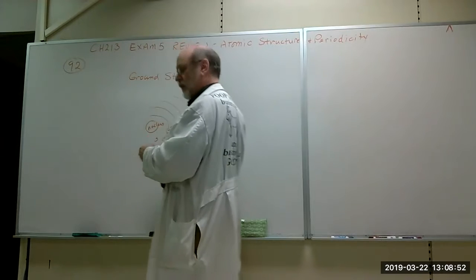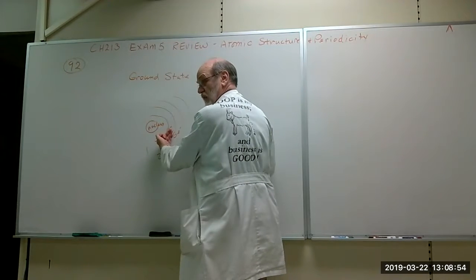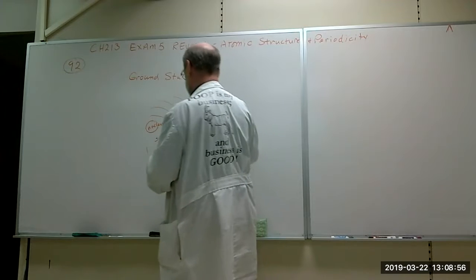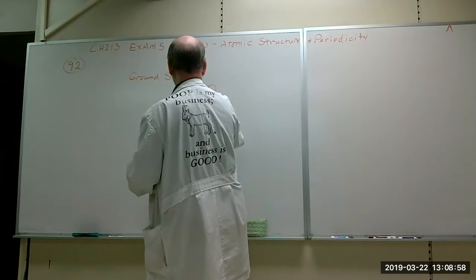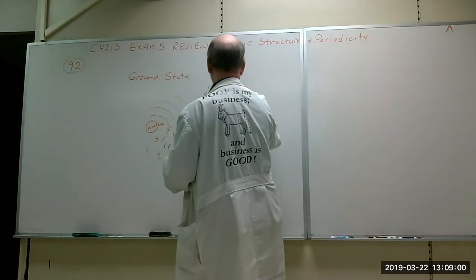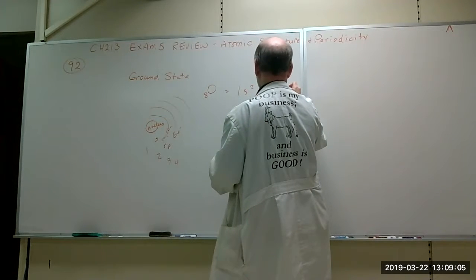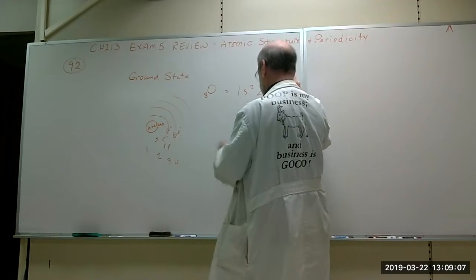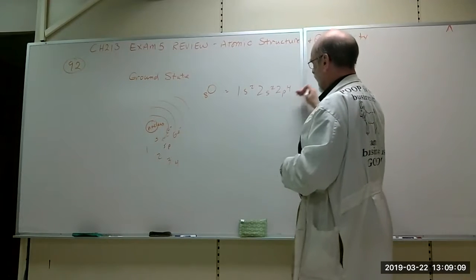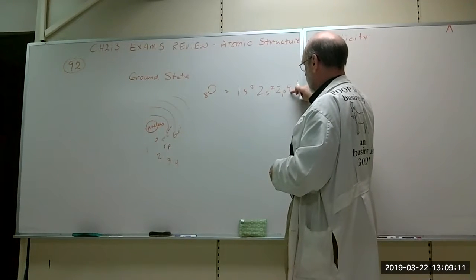So the ground state would be at this level. For oxygen, we would have 1s2, 2s2, 2p4. That's right. So the ground state would be right here.